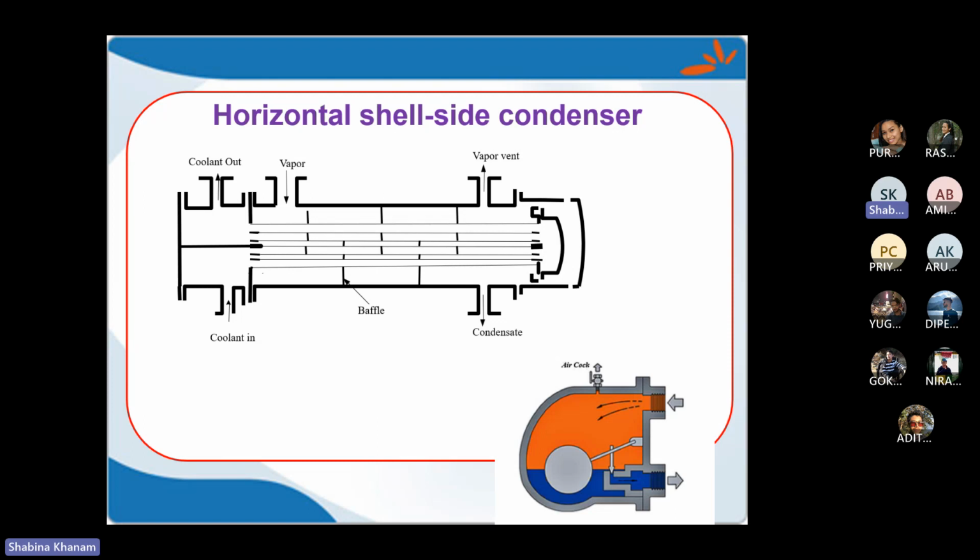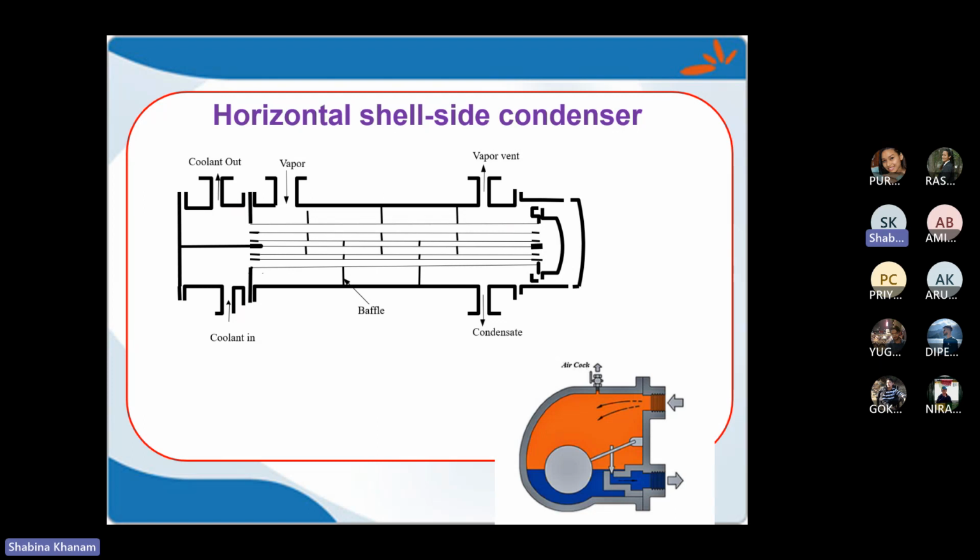In the last class we started the design of condensers, and first we saw what a condenser is and what the uses of a condenser are. We saw its use in distillation columns, power generation cycles, and refrigeration cycles.